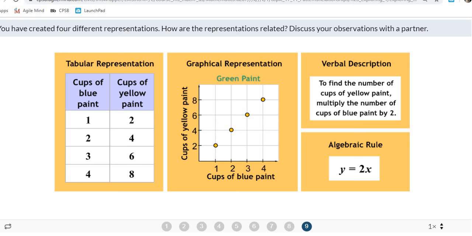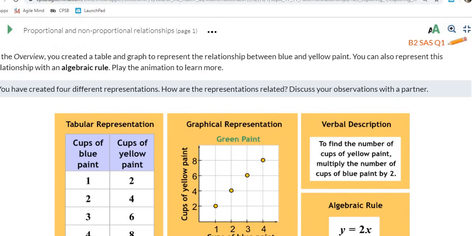I also see that in the graph, because that first point shows me that unit rate, which means constant of proportionality. The verbal tells me, and in the algebraic rule, the coefficient is 2, so that is my constant of proportionality. Alrighty then, we have 4 different ways. So let's move right along.